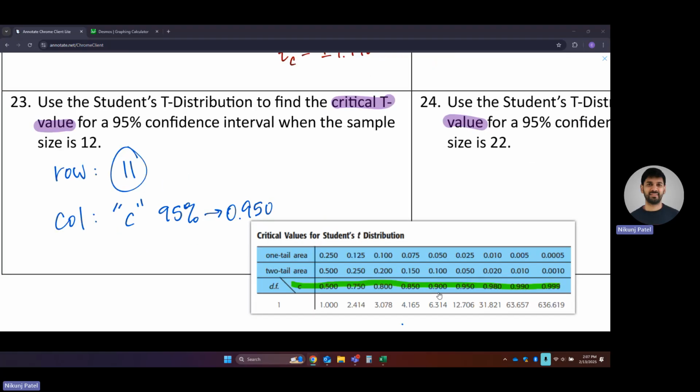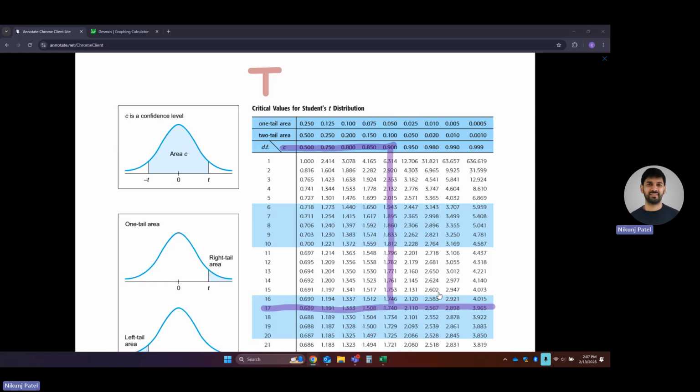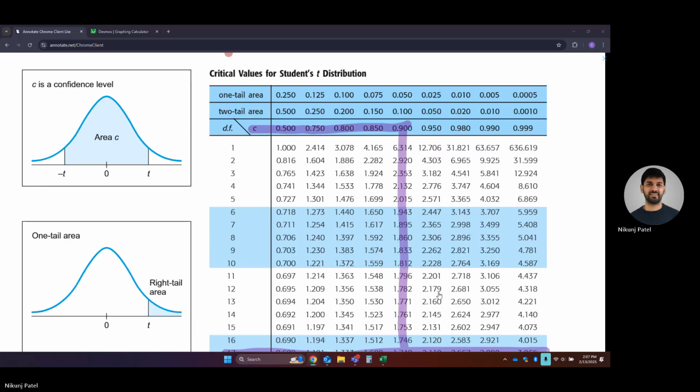So if we match up row 11 with the column that has the 950 in it, there it is, 2.201.